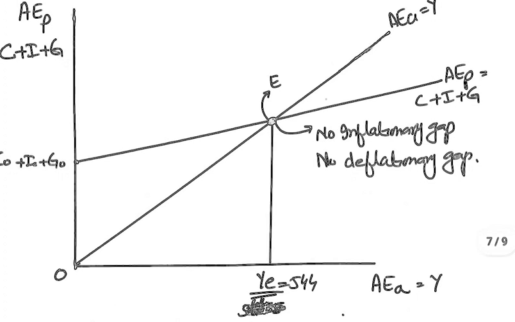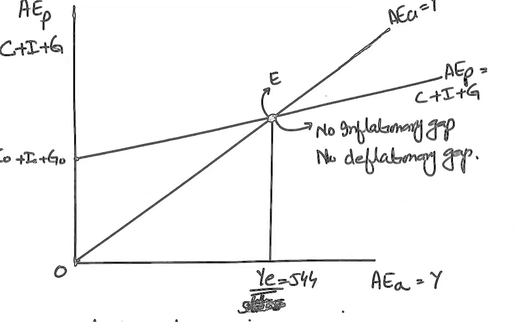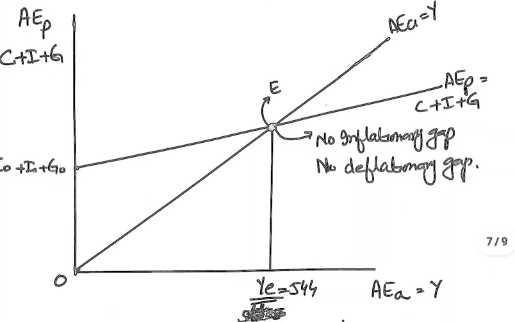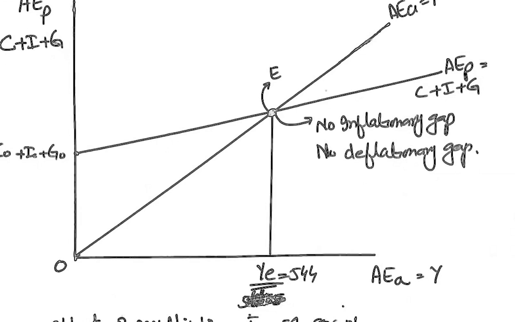Where aggregate planned expenditure is equal to aggregate actual expenditure, there will be national income equilibrium. It means that graphically, where the aggregate planned expenditure curve intersects the aggregate actual expenditure curve, there will be an equilibrium of the economy, with no deflationary or inflationary gap. And the national income in equilibrium will be 544 billion rupees at point E.